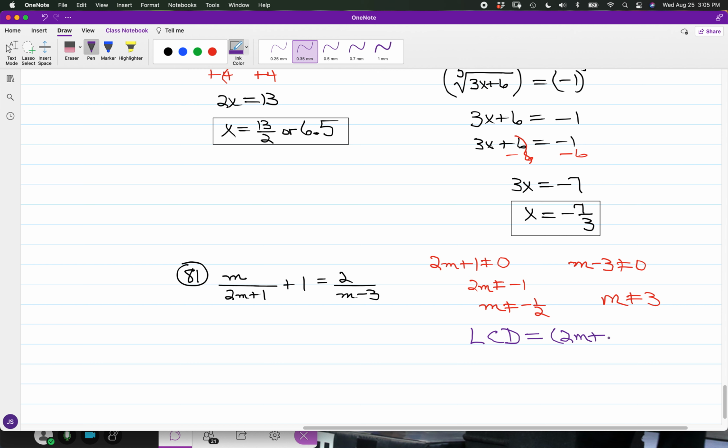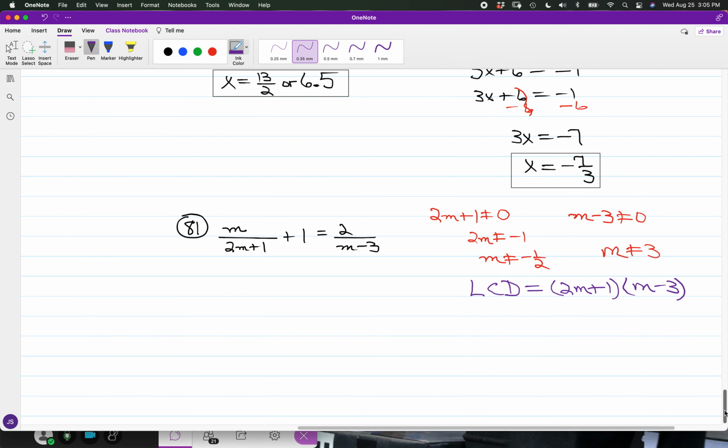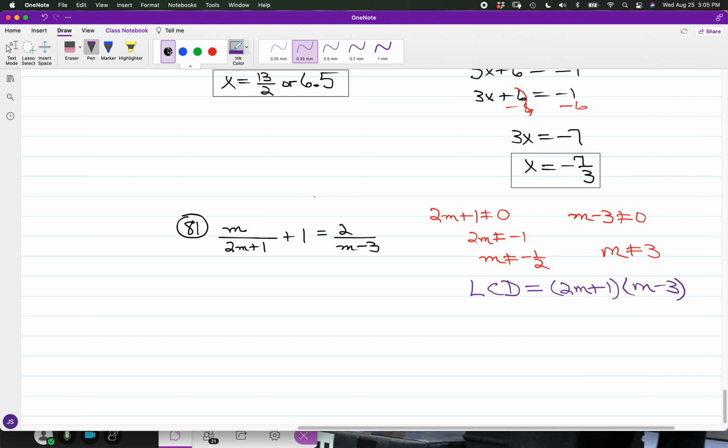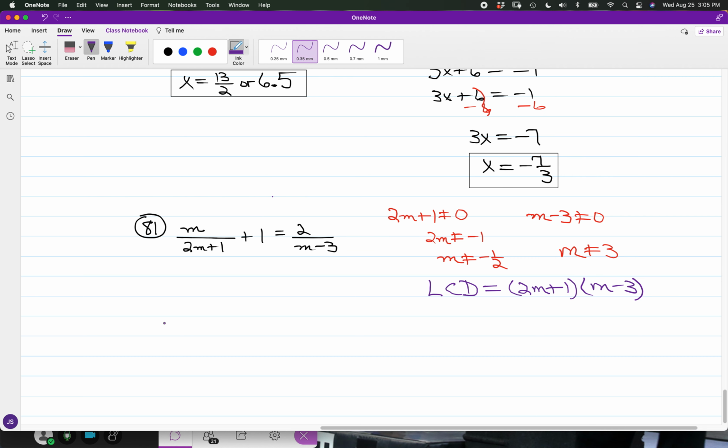And just setting things up with the least common denominator, that's just going to be taking the product of 2m plus 1 and m minus 3. And for this equation, we're multiplying the terms by the least common denominator.